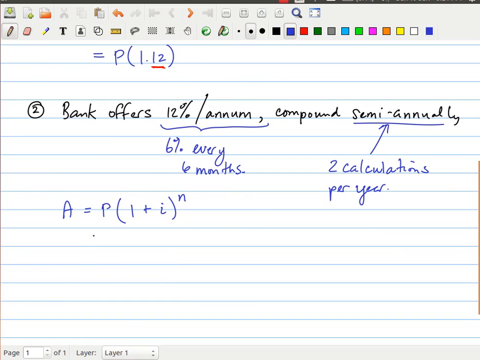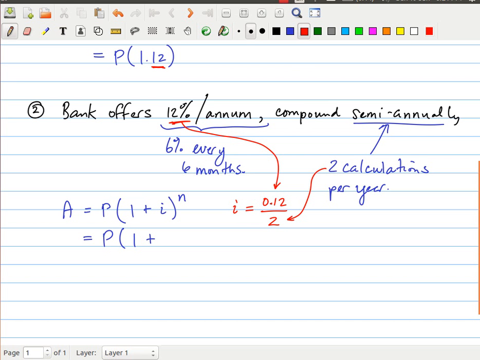And in this case, I'm going to end up with the principal multiplied by 1 plus. Now, in this case, my i value is going to be the 12% that they originally offered, but with the understanding that there's going to be 2 payments per year. So the 12% per annum goes there, and the idea of 2 calculations per year goes here.